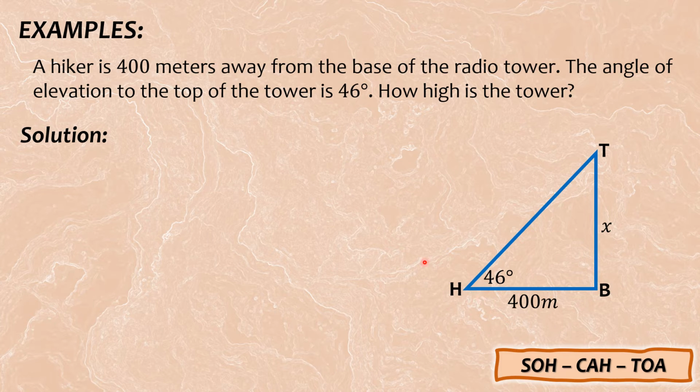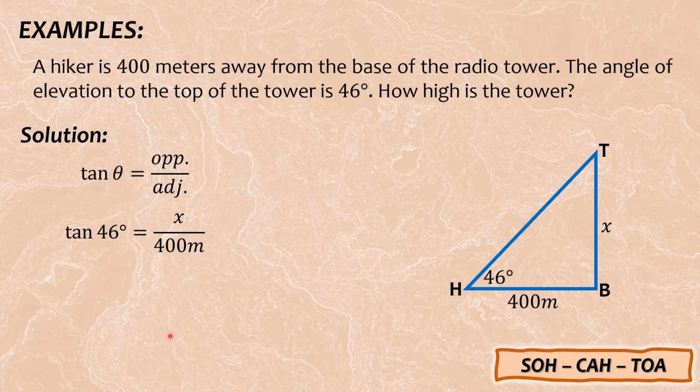So, we have to focus here on the 46 degrees. Ang x niya is opposite at ang 400 meters naman is adjacent. So, we will use the tangent. So, this will become tangent theta is equal to opposite over adjacent. And then, tangent 46 degrees is equal to x over 400 meters.